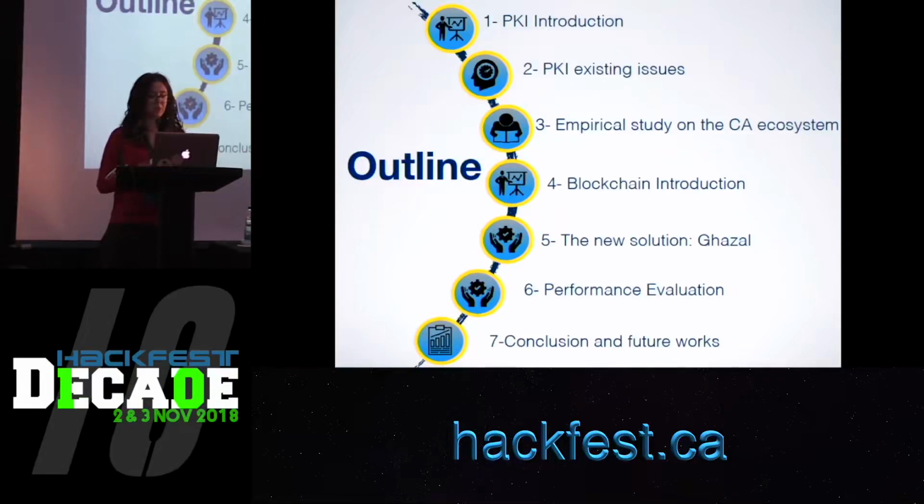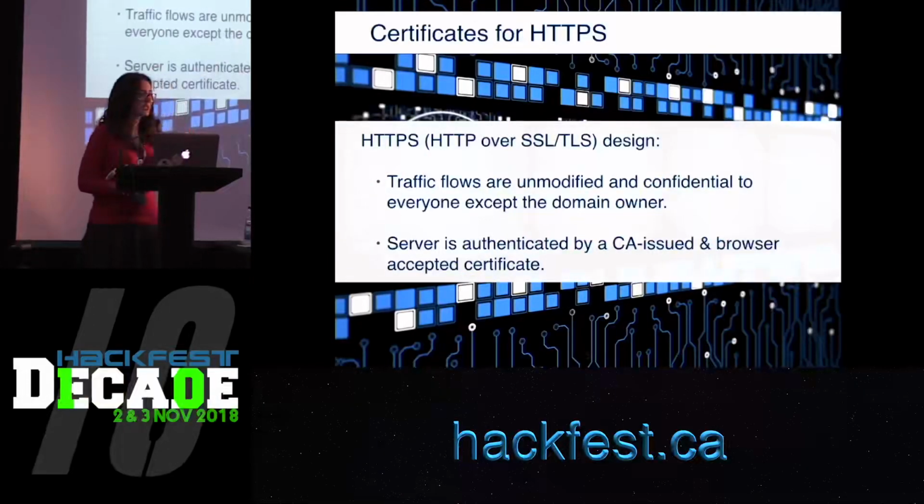And because of the issues that we found there, we moved into the blockchain. I'll tell you why. And I give you an introduction to the blockchain and then the Ethereum blockchain more specifically. And the new solution is called Azal. It's a decentralized application. And at the end, I do the performance and security evaluation, and then we have the future works.